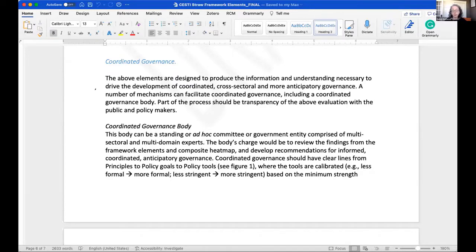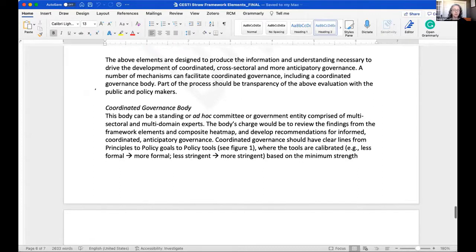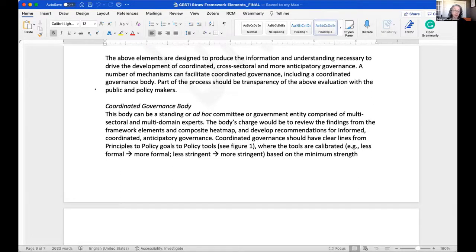There are a number of different mechanisms that might facilitate coordinated governance, including a body that is cross-sectoral and facilitates coordinated governance. This could be a standing or ad hoc committee or a government entity comprised of multi-sectoral and multi-domain experts. But that's not, of course, the only way that a framework of this sort could be implemented.